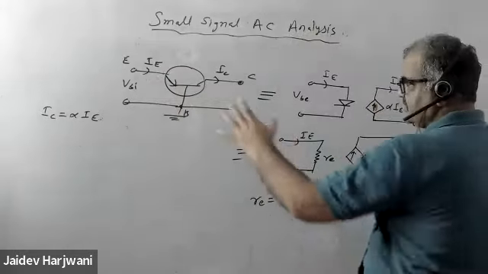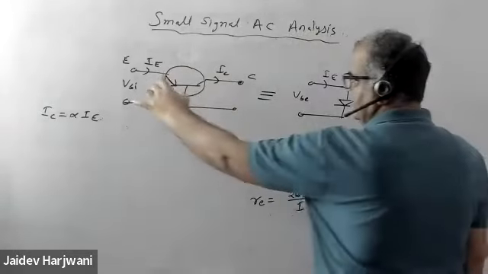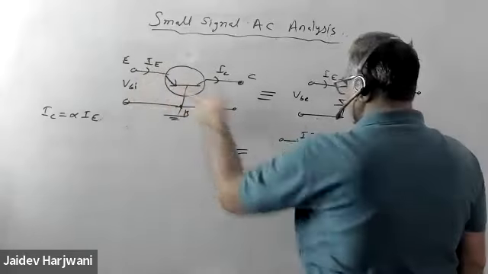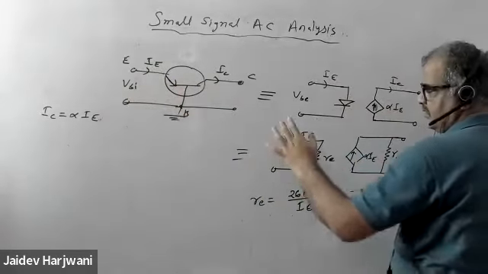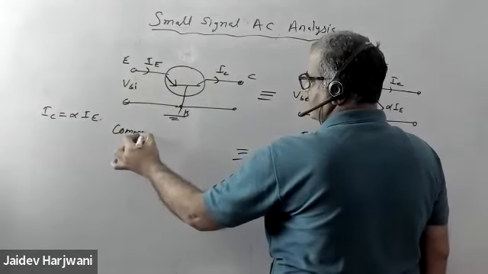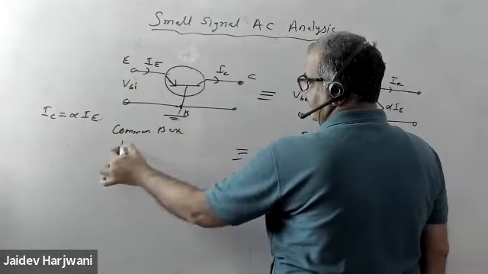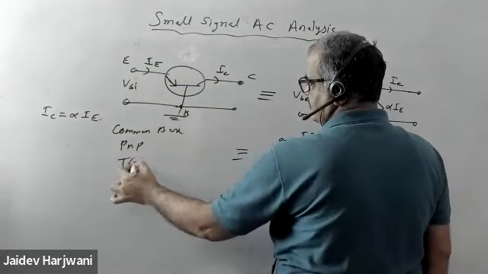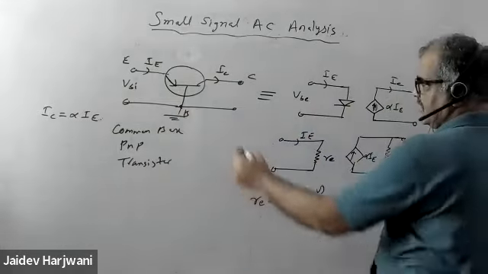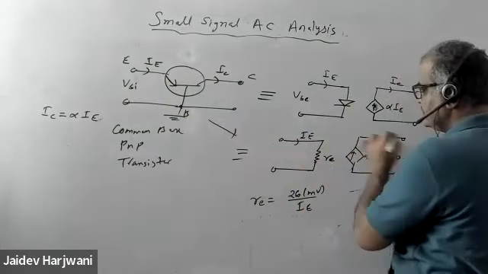This is a diode, and the diode can be replaced by a resistance. This is my input part. This is a common base PNP transistor. So a common base transistor can be replaced by this equivalent circuit.